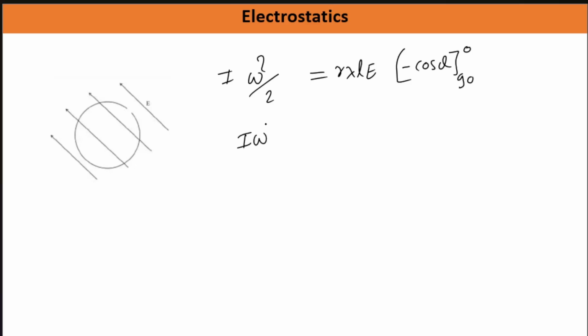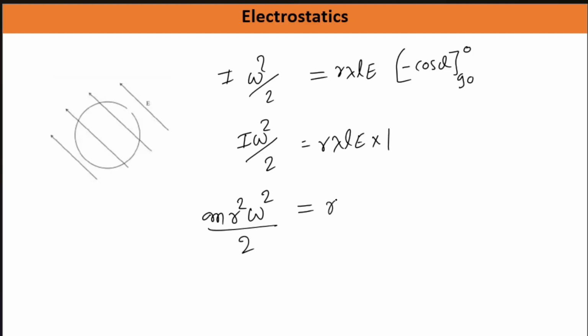So I omega square by 2 is equal to R lambda L E into modulus, which is nothing but 1, right? So if you calculate the value of omega square, let's write I here. I is how much? M R square, because this is a ring, right? So M R square divided by 2, equals R into lambda.